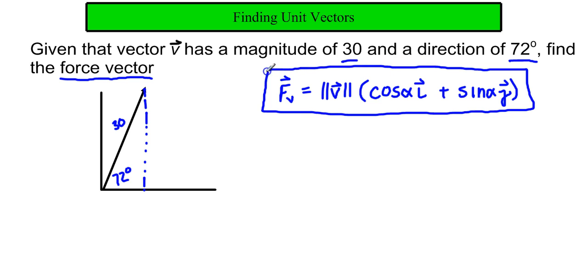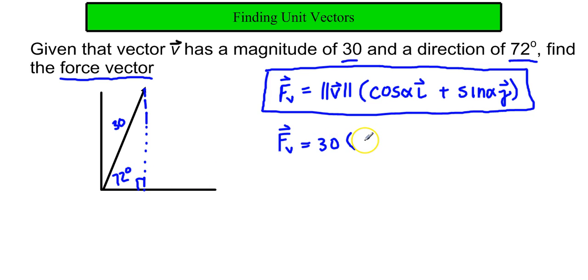And again, it's useful if you know the direction of a particular vector and the magnitude. So let's go ahead and do this with this particular vector v. We want to write it in terms of the force vector. We know the magnitude is 30. And cosine of alpha, well, alpha in this particular case is our reference angle. It's 72 degrees.